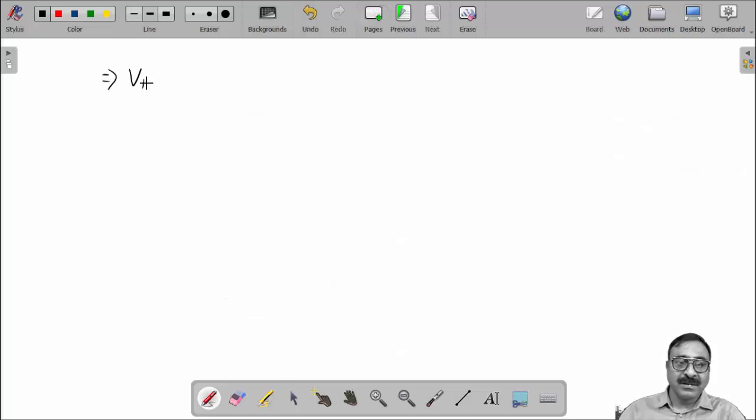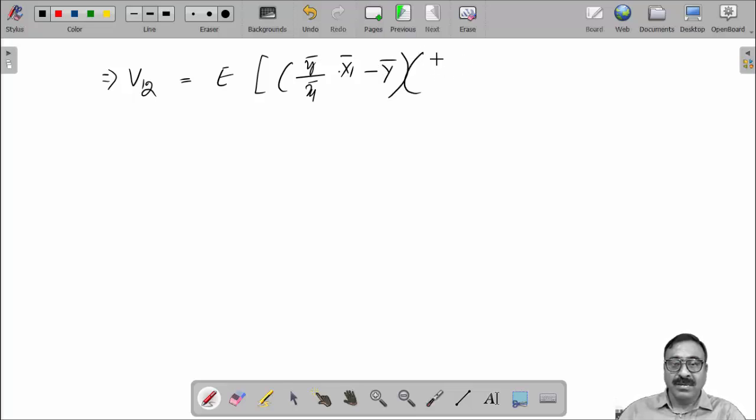That implies V12 equal to expectation of (Y bar by X1 bar into X1 bar minus Y bar) into (Y bar by X2 bar into X2 bar minus Y bar).